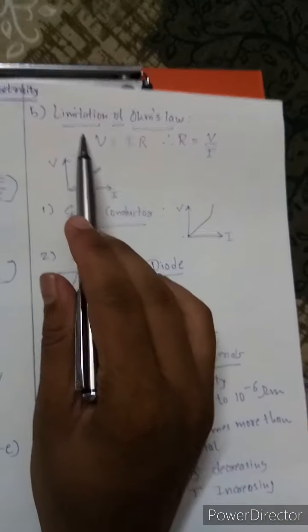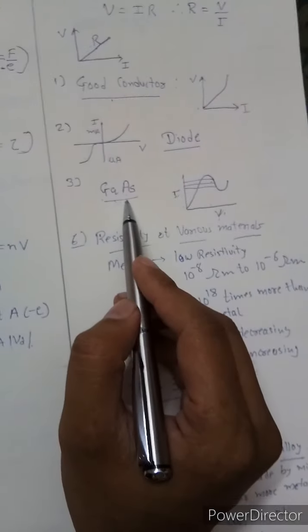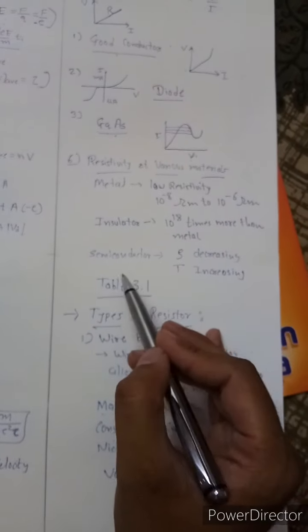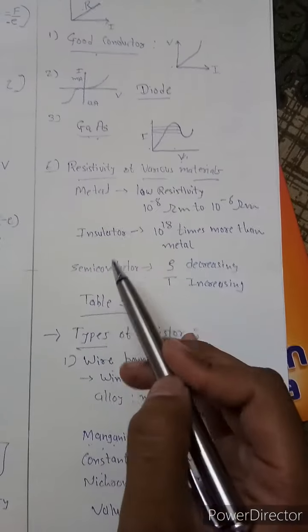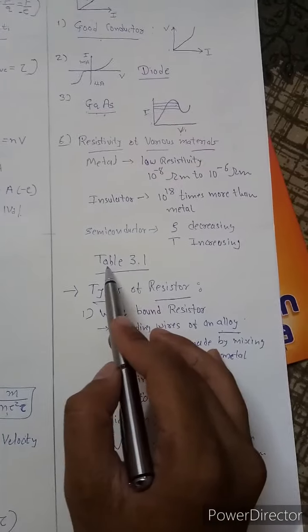Next we learned about limitations of Ohm's law. There are three limitations: one for good conductors, second for diodes, third for gallium arsenide. Next we learned about the resistivity of various materials, and how to classify materials as insulator, semiconductor or conductor using table 3.1.